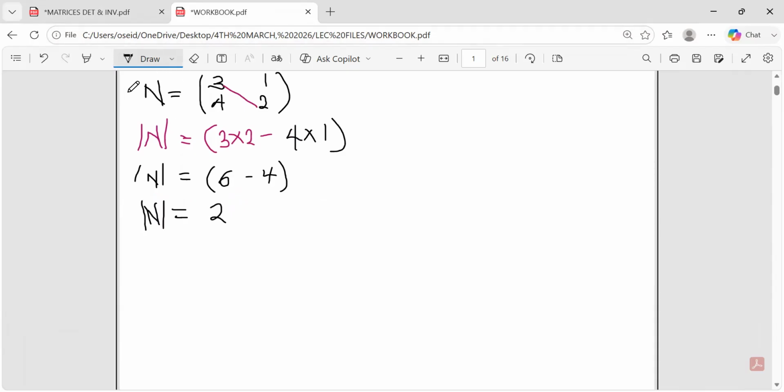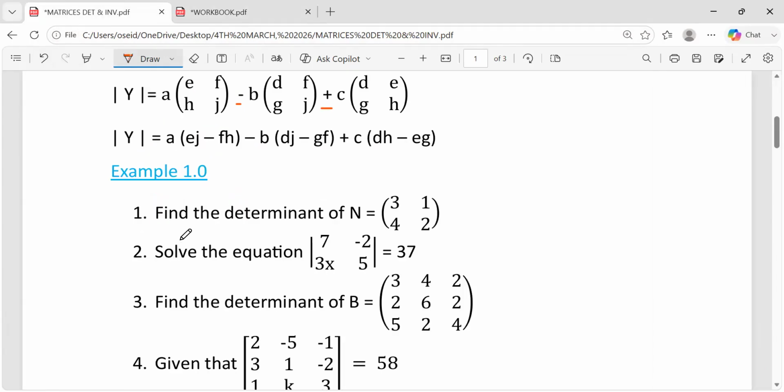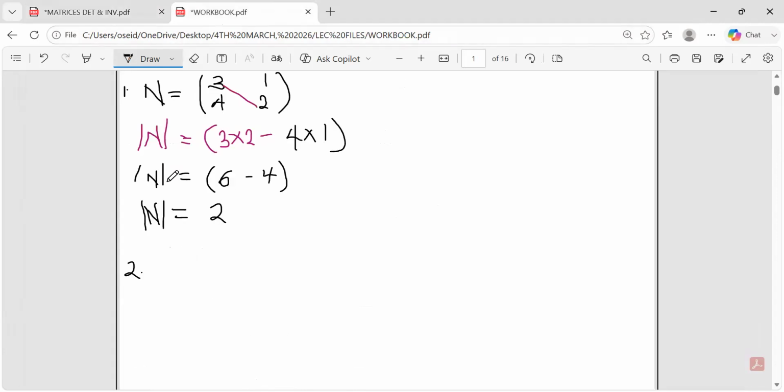Let's move on to the second one. Number 2. With example 2, we are to solve the equation. The determinant has been given, and the determinant is what? 7, minus 2, 3x, 5 equals 37. So we are finding the value for x.